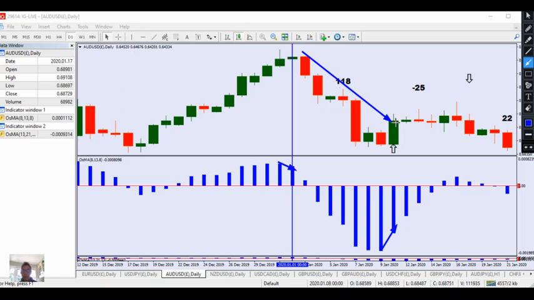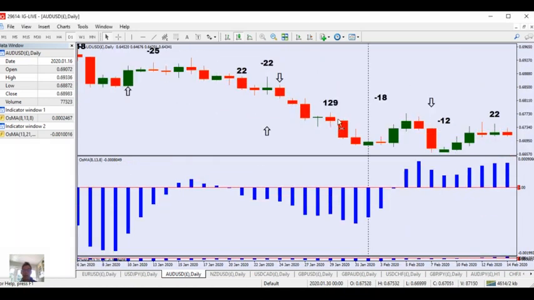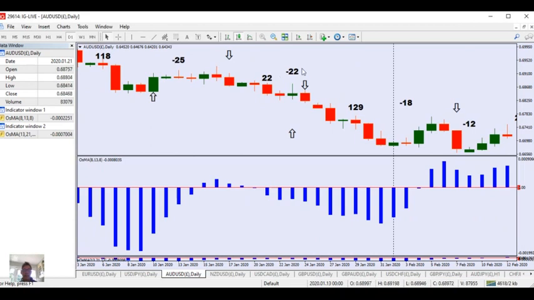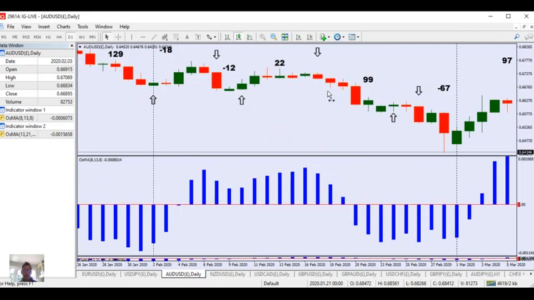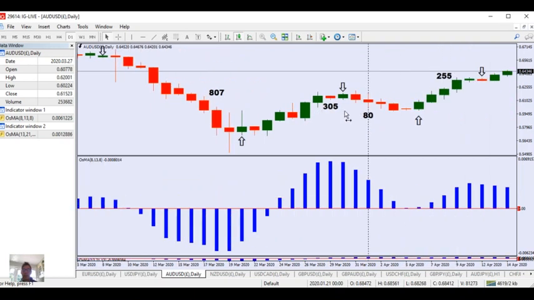So then here you're looking to trade in an up direction, but the market goes against you and you lose 25 points. Now in terms of drawdown, you'd have been all right there because you had 118 to start with. But the drawdowns aren't very big. I don't know what the biggest one is. So it's 67 there.